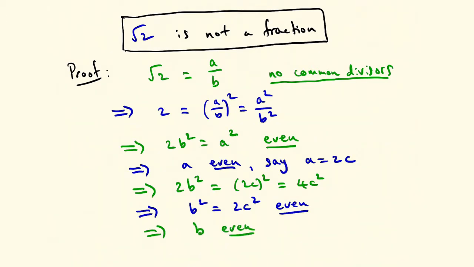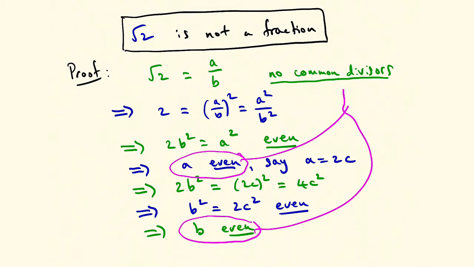Okay, now have a look. b is even, and a is even, so they're both divisible by 2. They've both got a common divisor of 2. And that contradicts the assumption that a over b is expressed in reduced form. So this is actually nonsense, can't be true, so therefore root 2 is not a fraction.